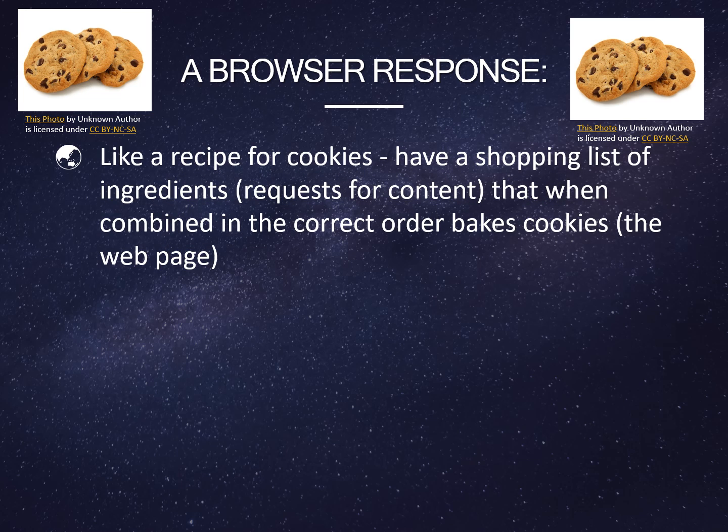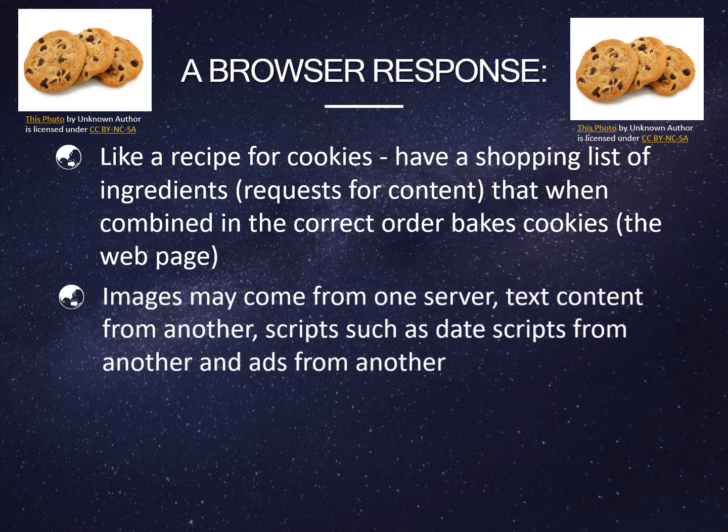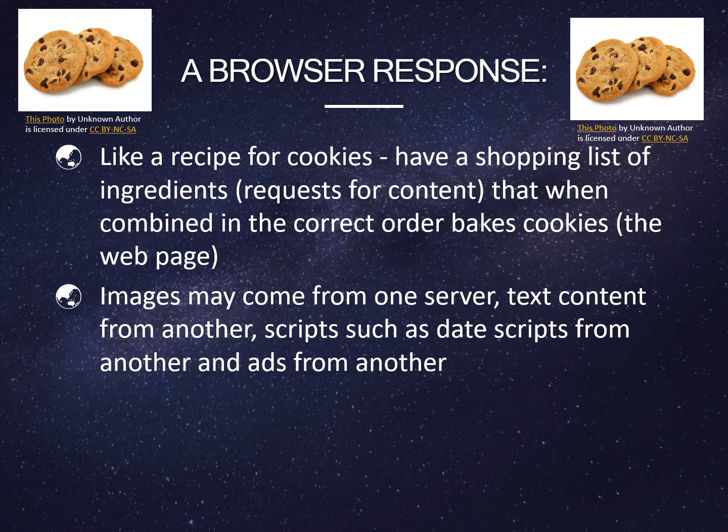You have a shopping list of ingredients, that would be your request for content, that when combined in the correct order actually makes the cookie, which is your web page. Images may come from one server, text content from another, scripts such as date scripts from another, and ads from another. So there can be multiple servers involved in actually pulling together the website you are rendering.